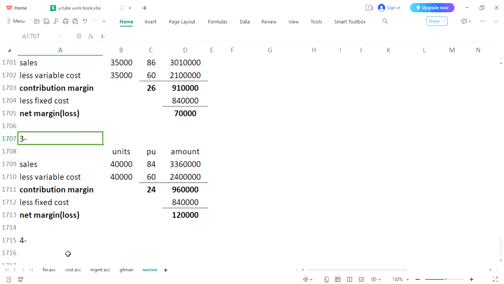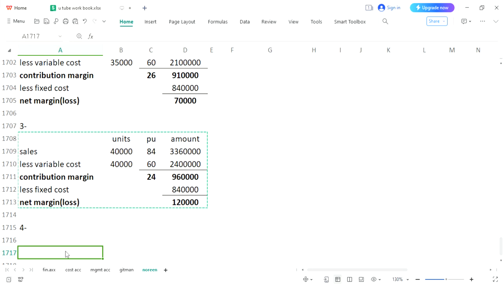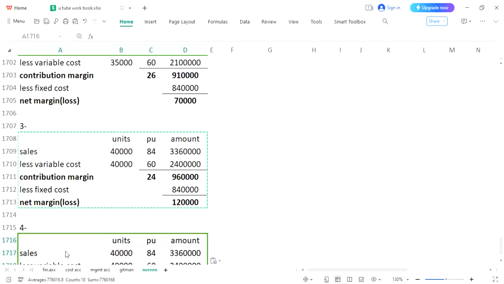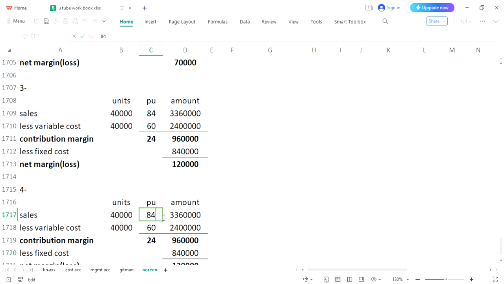Since it is a little easy for me, I'm just copying from here and applying it for the next step to get the maximum profit. So last stage price was 84 and units were 40,000. I will further take a risk of decreasing the price from 84 to 82, because we are permitted only to decrease price by $2.